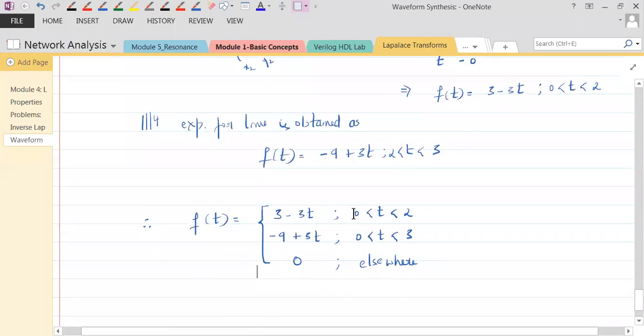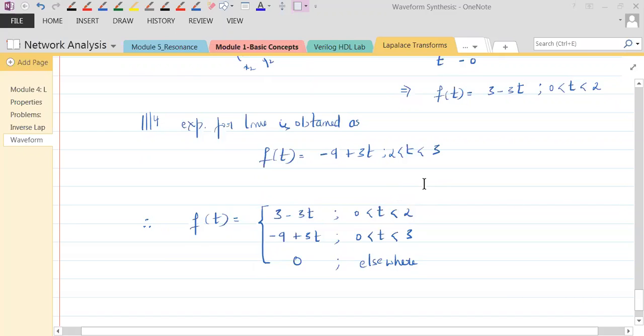Okay, so we are saying it is 0 to 2, right? So if we say it is 0 to 2, which waveform is 1 from 0 to 2? Can you tell me a waveform which is 1 from 0 to 2? Anybody? Do you know a waveform which is 1 from 0 to 2?